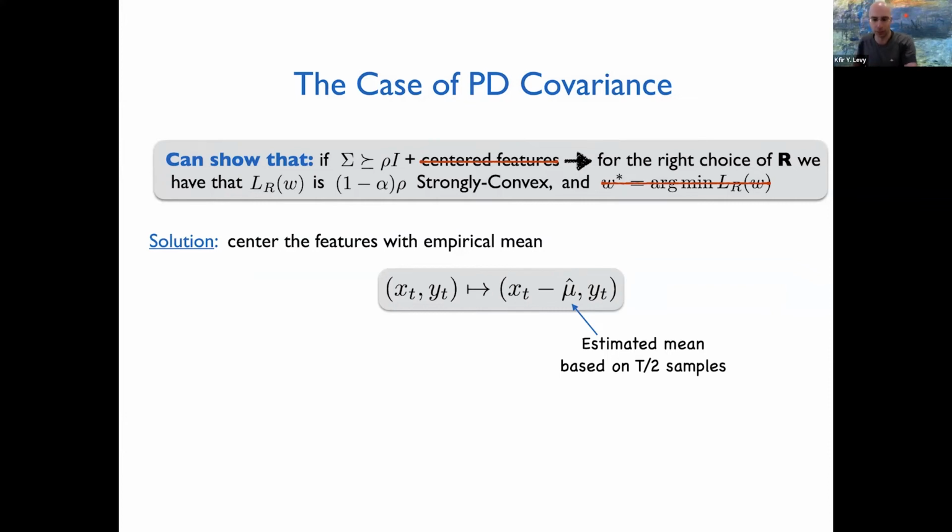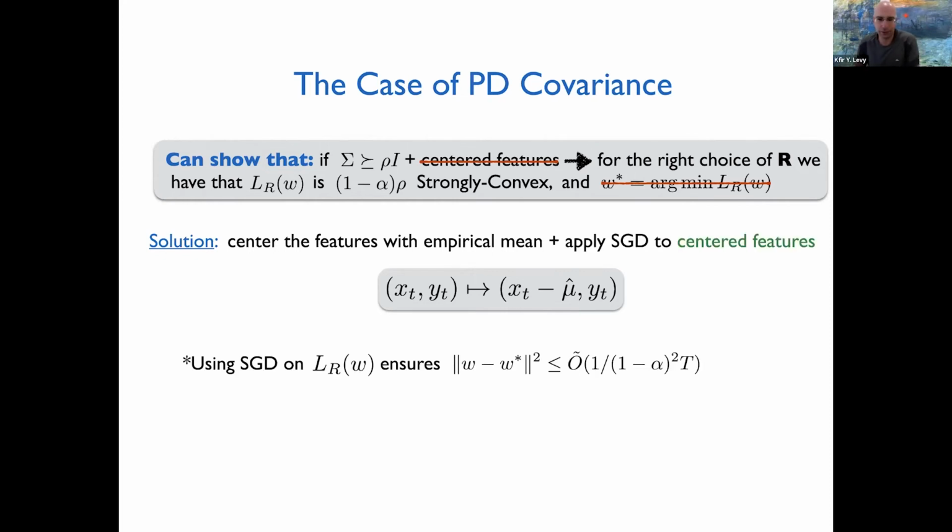The centering we do by estimating the mean of the features. You can do this on the fly, or, in the analysis, we estimate it based on half of the samples and then run the algorithm on the next half. It doesn't matter, even on the fly is fine.